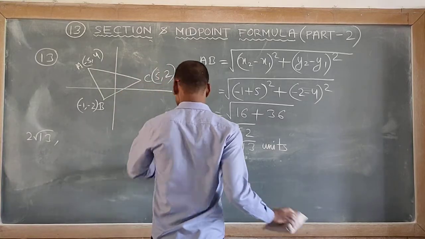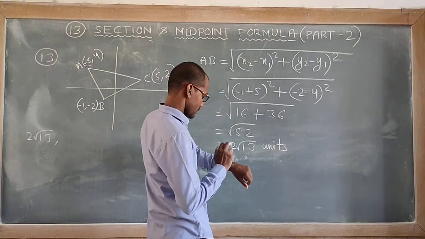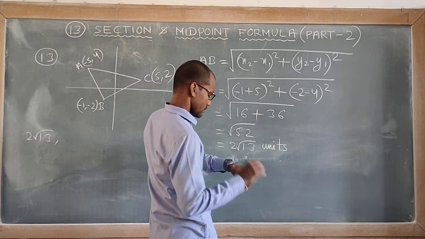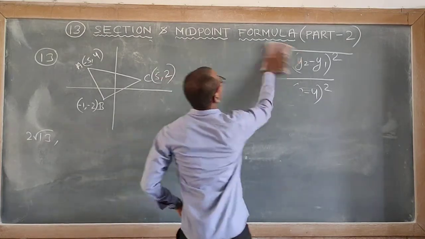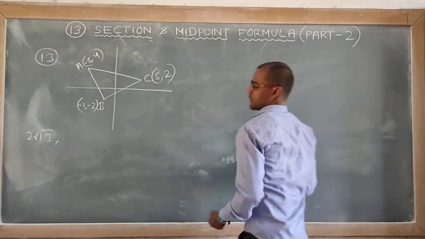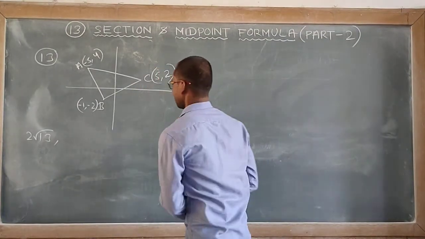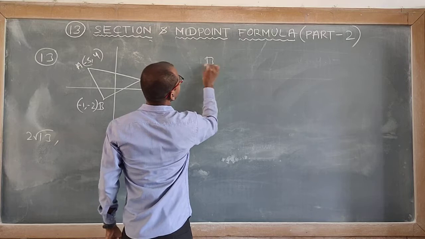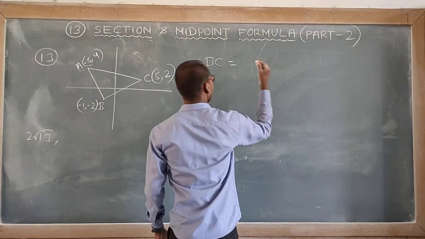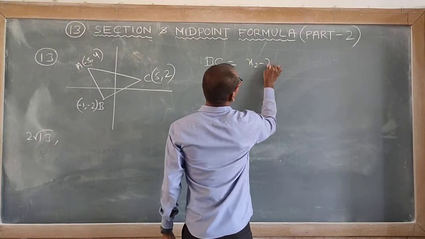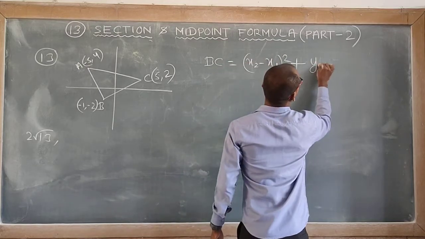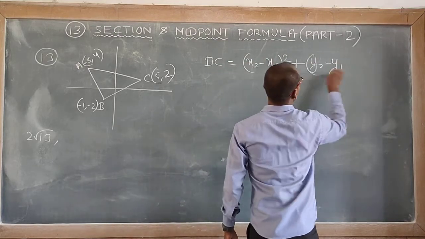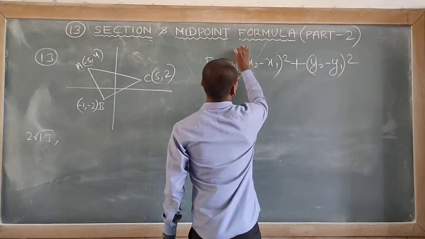Next, let us focus on BC. Our next target is to find BC. BC is equal to the square root of (x2 minus x1) whole square plus (y2 minus y1) whole square.